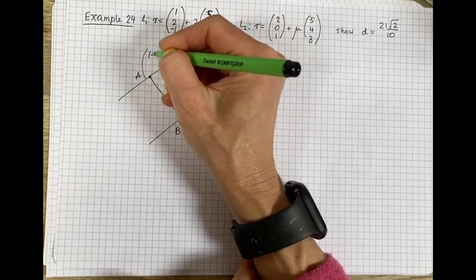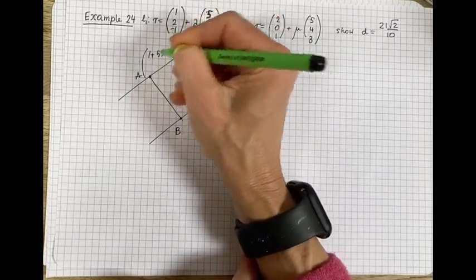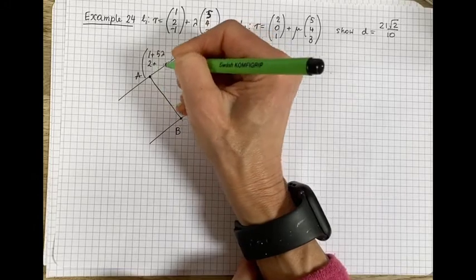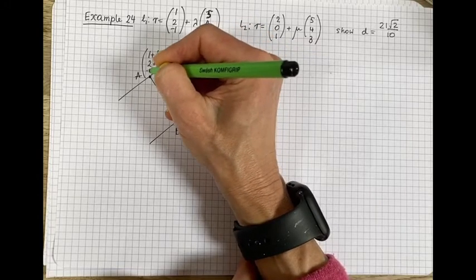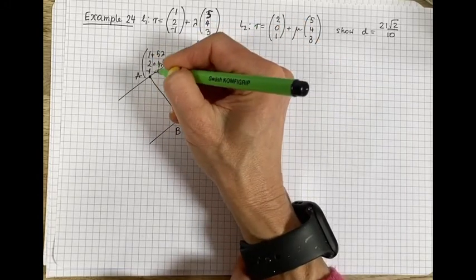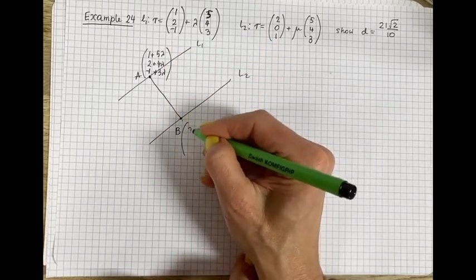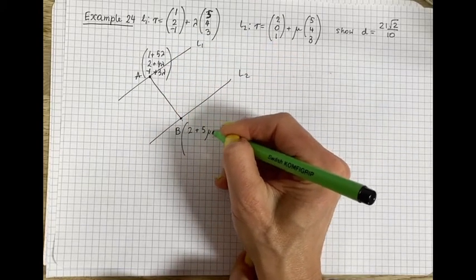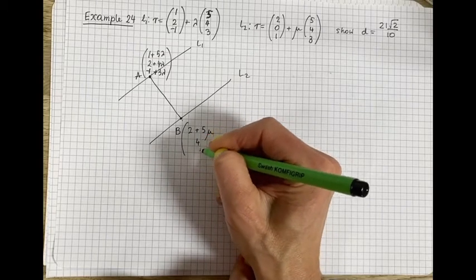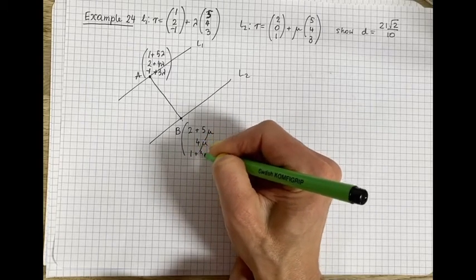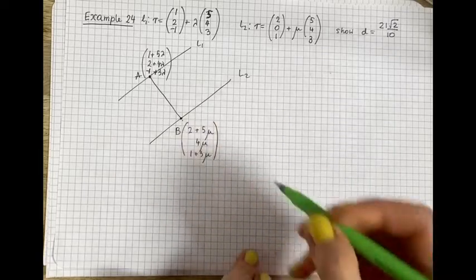So (1 + 5λ, 2 + 4λ, -1 + 3λ), and do the same with B. So it's (2 + 5μ, 4μ, 1 + 3μ). And what do we know for certain?